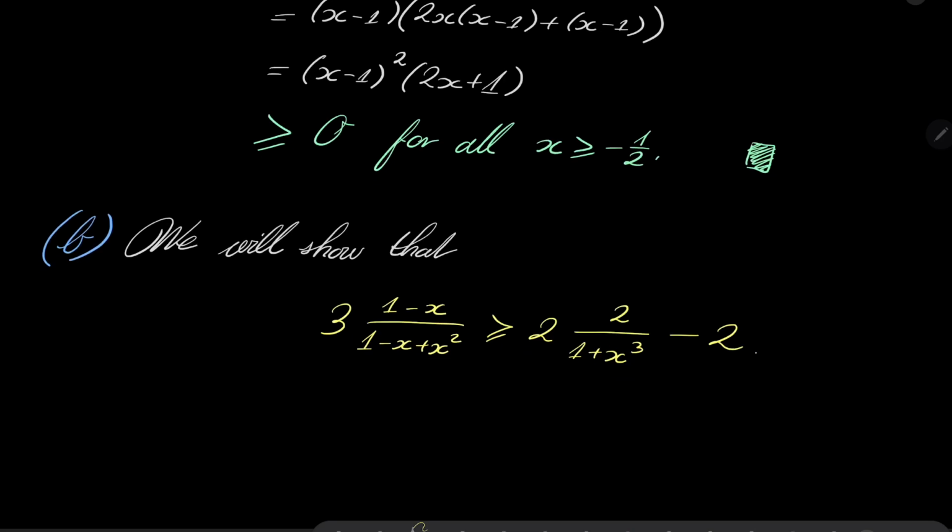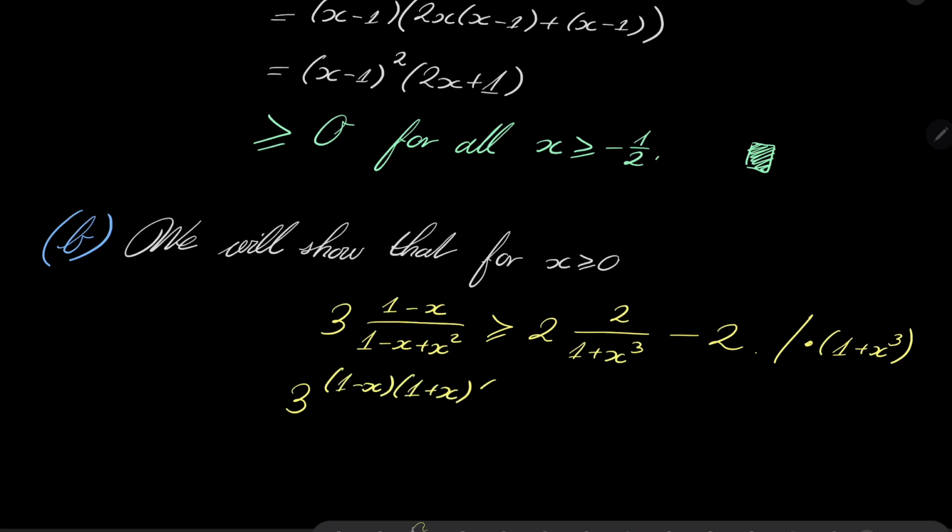Notice that this is equivalent. I can multiply this by 1+x^3. I can of course do that because I am assuming that x is greater than or equal to 0, so for sure I am multiplying by a positive number. And notice also that 1-x stays the same, but 1+x^3 can be written in a different way. It's (1+x)(1-x+x^2).